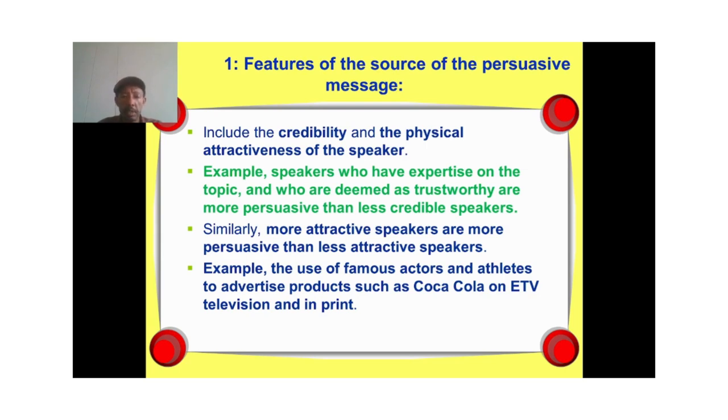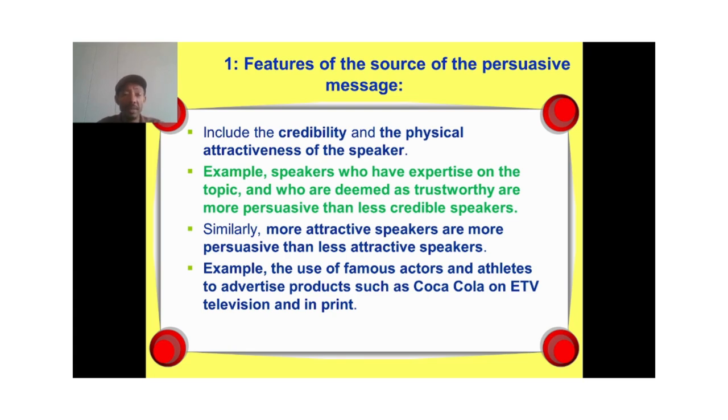So similarly, more attractive speakers are more persuasive than less attractive speakers. The first one is expertise. How much he or she is knowledgeable on the subject. And physical attractiveness also affects persuasiveness of the message.